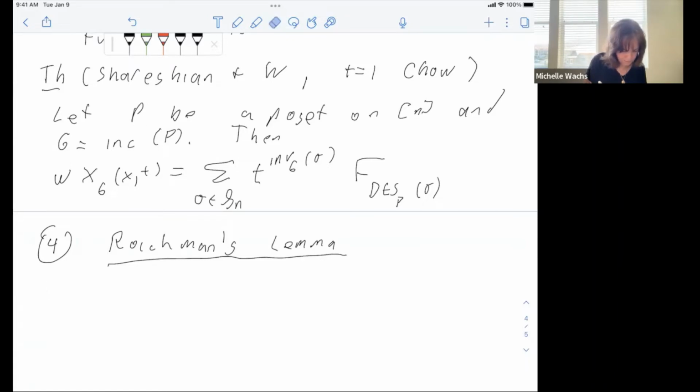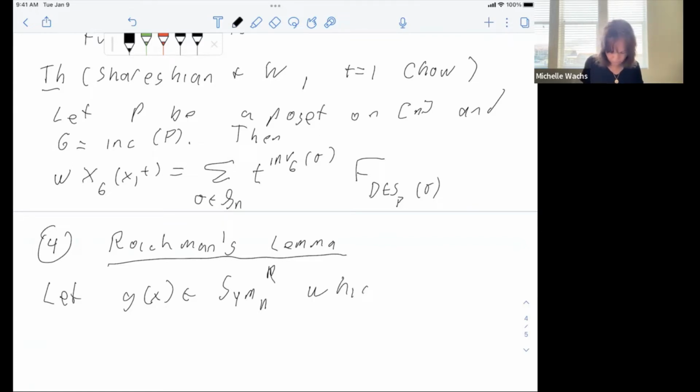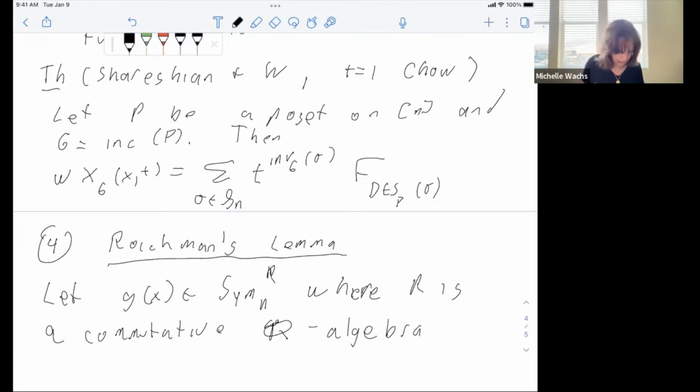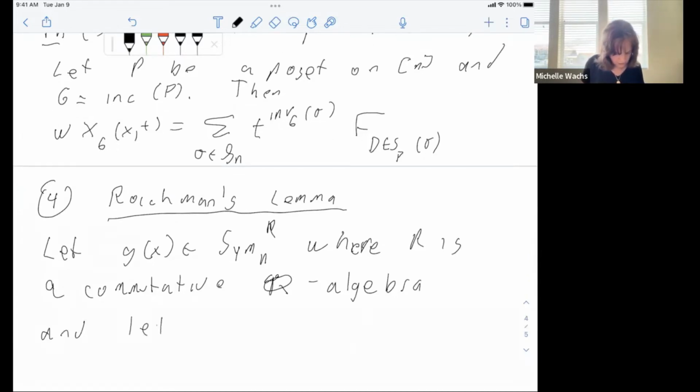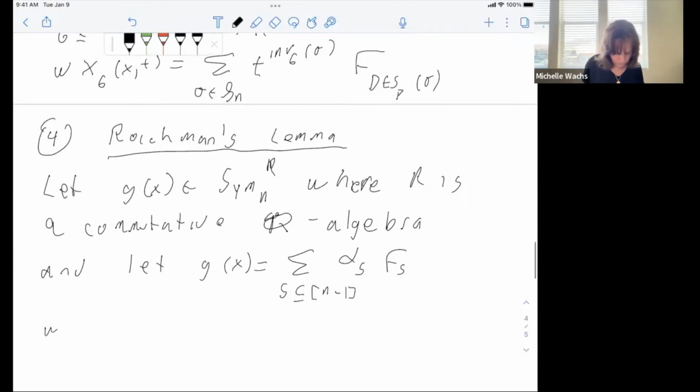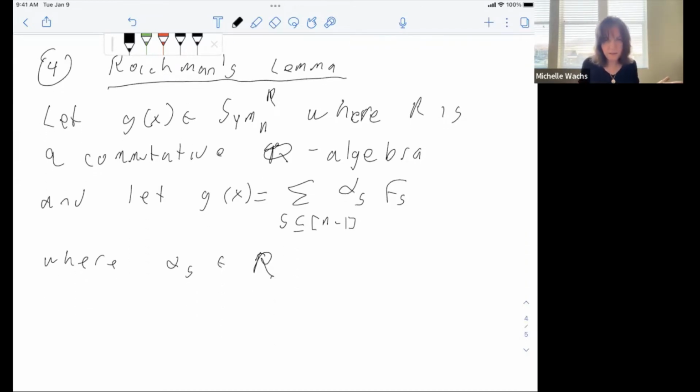Let G of x be a symmetric function over a commutative Q-algebra, and let G of x equal, when we decompose it in the fundamentals, the sum of alpha_S F_S, where alpha_S belongs to R, because it's going to be a polynomial in t for our purposes.